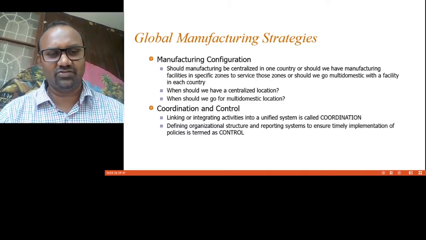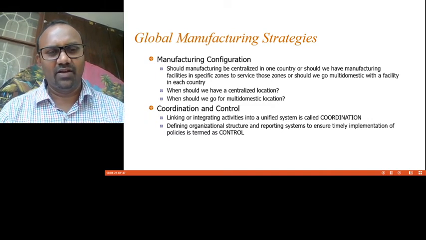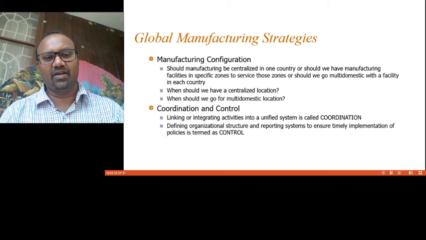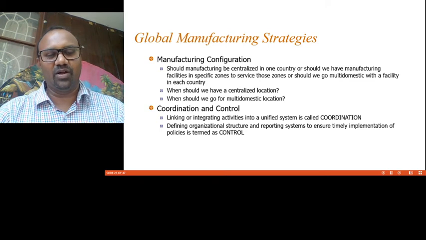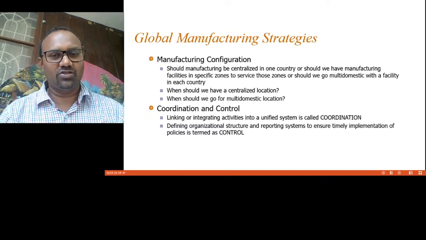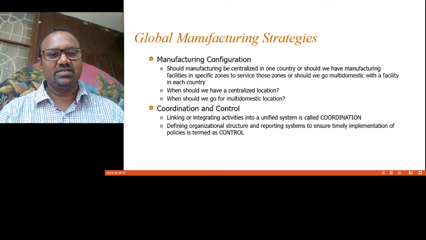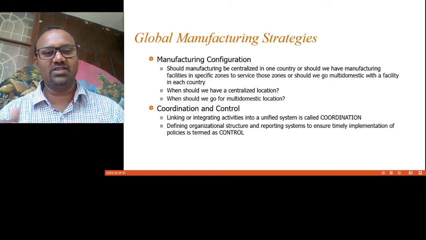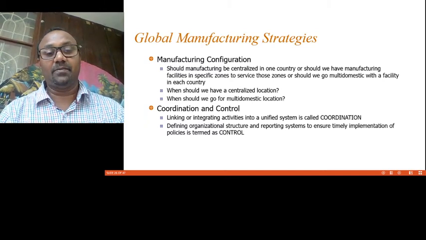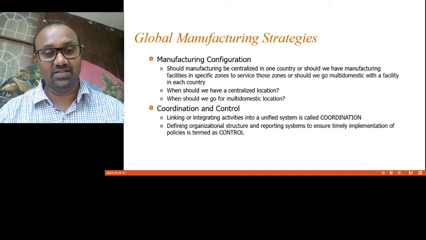Transnational corporation strategy, TNCs: the TNC will give you that advantage of being able to acquire raw material resources in different parts of the world, and thereby you can have a regional setup, whereby you can regionally source it, and thereby you will be able to get an advantage of it. So what sort of manufacturing configuration and what strategy you're going to take up, whether it's a centralized location manufacturing or a decentralized location manufacturing, depends on the international business strategy that you are adopting and the kind of long term goals that you have for your organization and for the business as such.